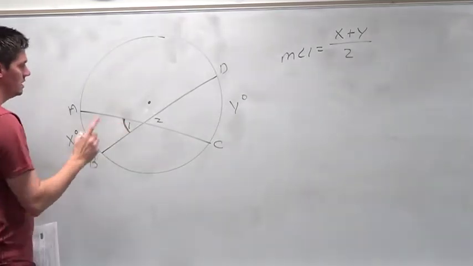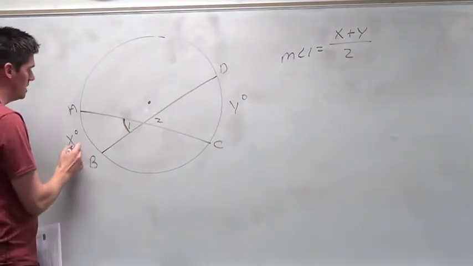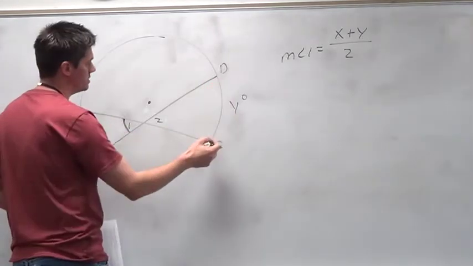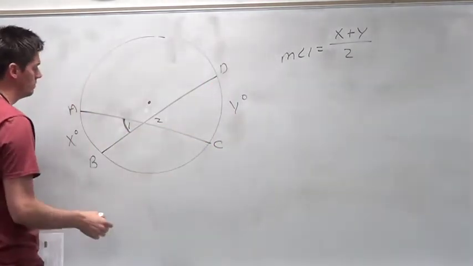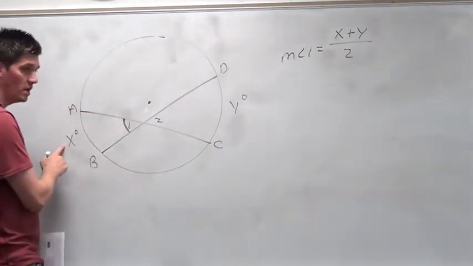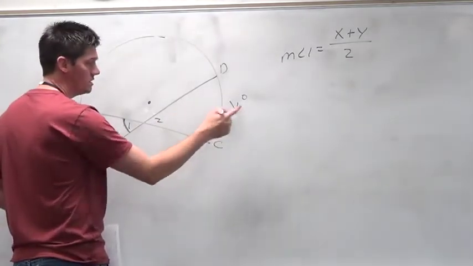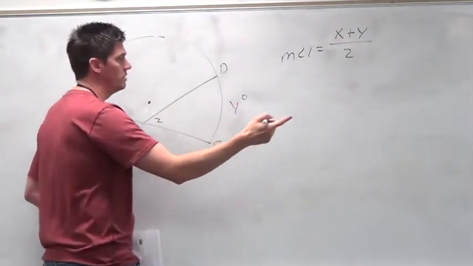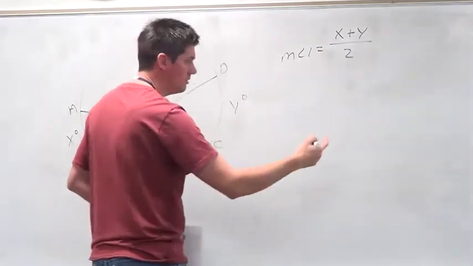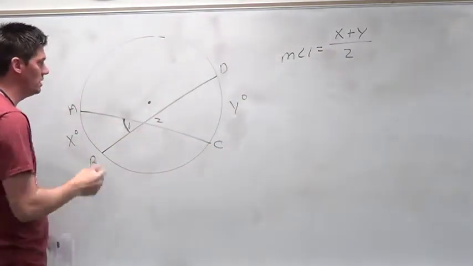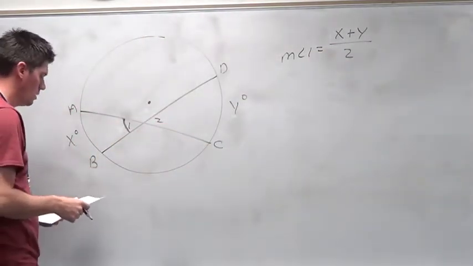So the measure of angle 1 is equal to the sum, this arc measurement added up with this arc measurement, divided by 2. So for example, if this was 30 and this was 70, we say 30 plus 70, which is 100, divided by 2, the answer would be 50, so the measure of angle 1 would be 50 if they had measurements. It says, how is it formed?